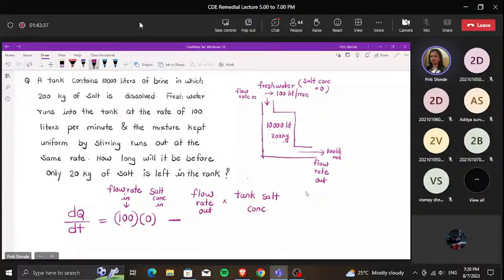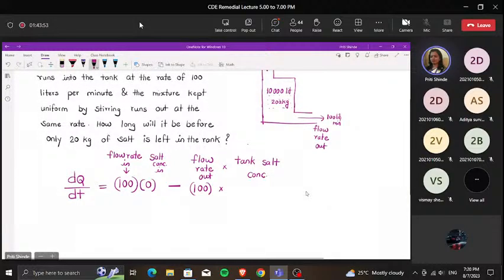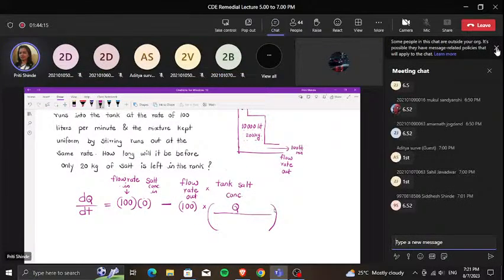What is flow rate out? At the same rate liquid is leaving the tank, so flow rate out is the same as flow rate in: 100 into tank salt concentration. You can easily write down flow rate in, flow rate out and salt concentration in, but for the last term, the tank salt concentration, the formula is given: the amount of salt, Q at any time t, divided by the initial amount of liquid.